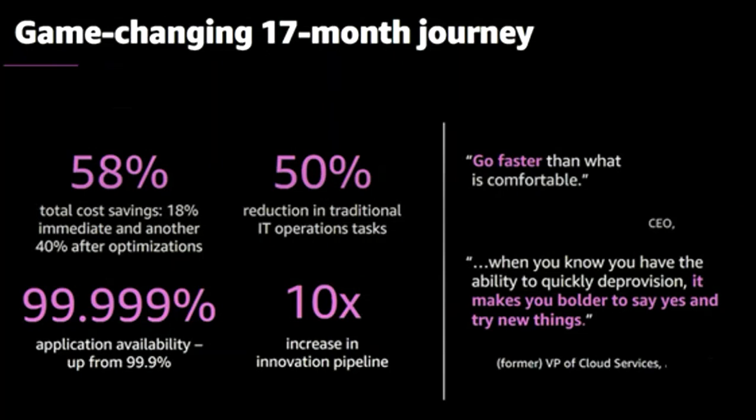Now, what did we achieve? We were able to achieve cost savings of nearly 60% of the whole hardware, software, and maintenance costs. We were able to cut 50% of the capex, and we were able to improve the efficiency of our coding, what's called the pipelines.